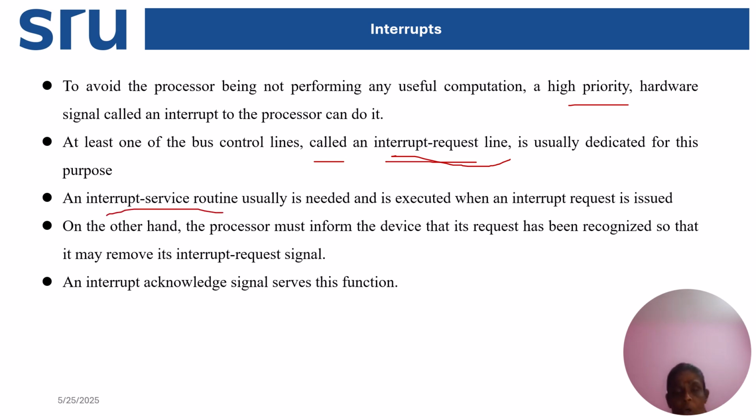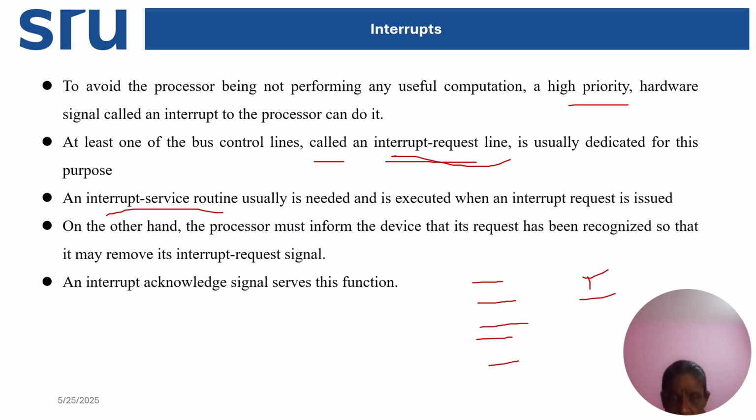And the interrupt service routine. For performing an interrupt, a small program called the ISR, the interrupt service routine, is usually needed and is executed when an interrupt request is issued. That means the processor is continuously doing its own execution, its own processes. But in between, if one IO device requires the processor's service, it immediately sends the interrupt signal.